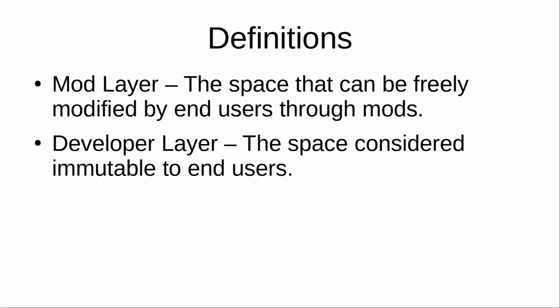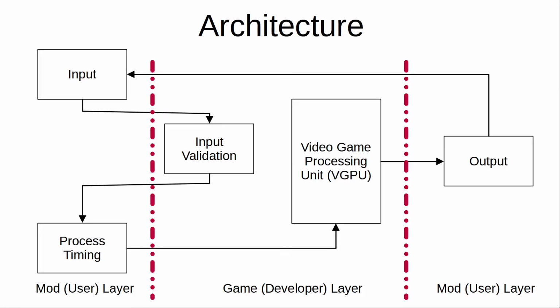Part 2. Moddable UI design. Definitions. Mod layer: the space that can be freely modified by the end users through mods. Developer layer: the space considered immutable to end users. So basically, the mod layer is the layer that end users can change and customize through their own programs, while the developer layer is the layer that is distributed by the developer and is essentially a closed black box with a surface for API.